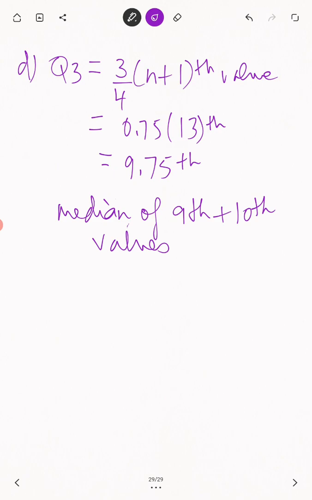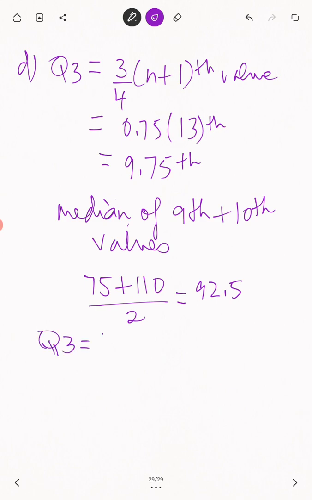So the 9th value is 75 and the 10th value is 110. And so we just do the average of those two, which comes to 92.5. So Q3 for our purposes is 92.5.